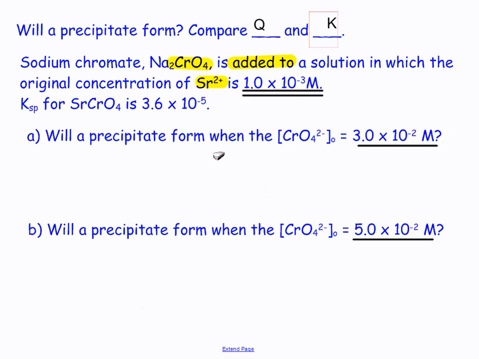Okay, so let's take a look at this problem. If I want to know if a precipitate's going to form, I have to compare Q and K for the reaction. I know K because it's right here. I have to calculate the Q. So to find Q, I'm dealing with chromate ions and strontium ions.